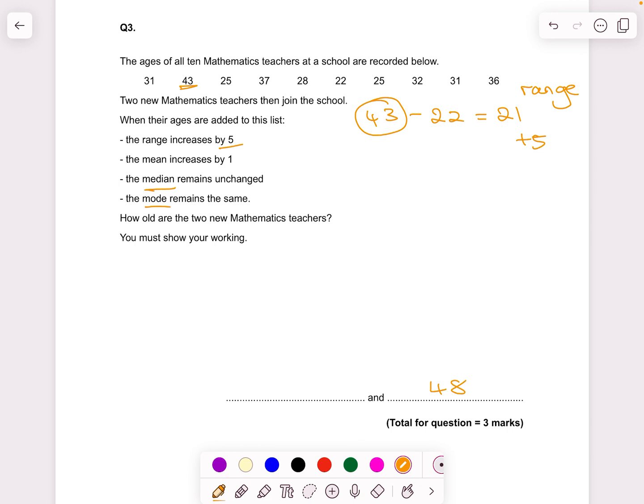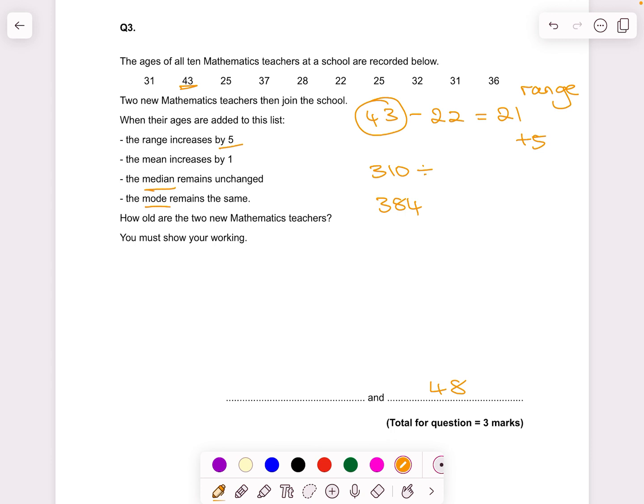Then when we look at the mean, we add them all up. So add them all up. It comes to 310.